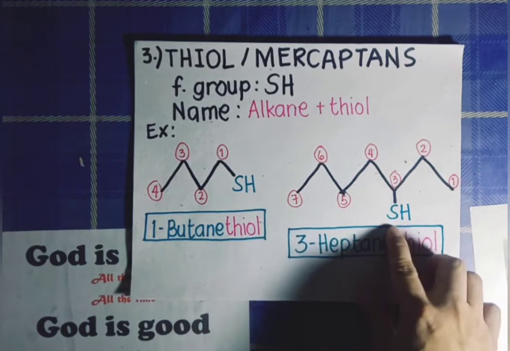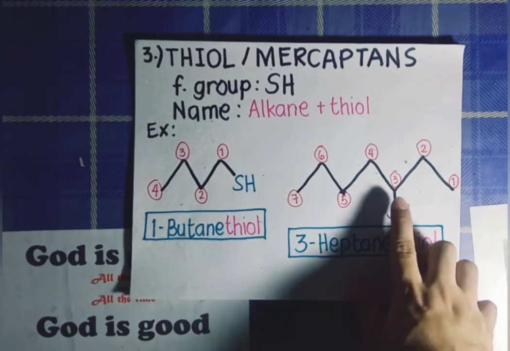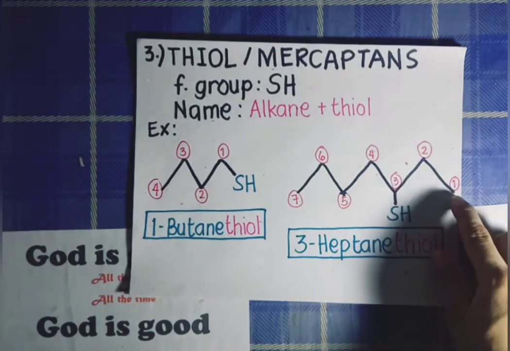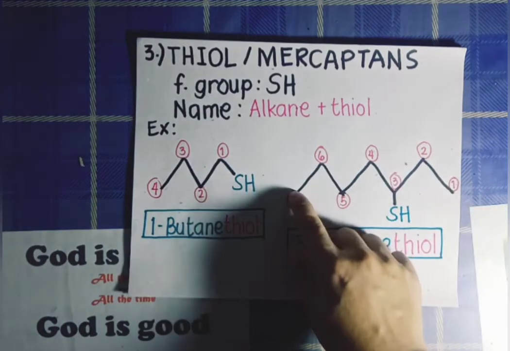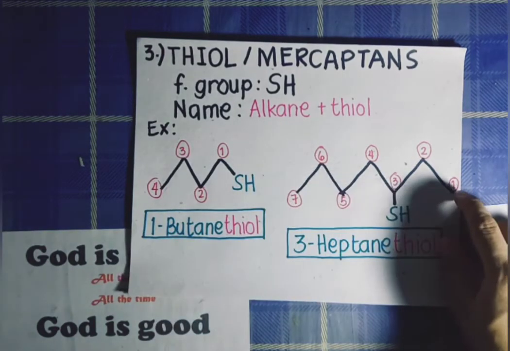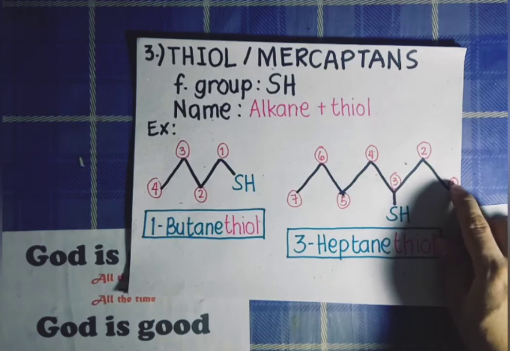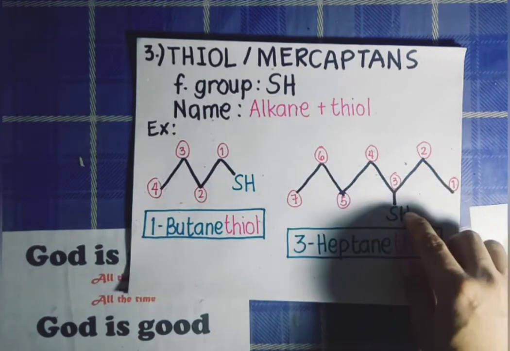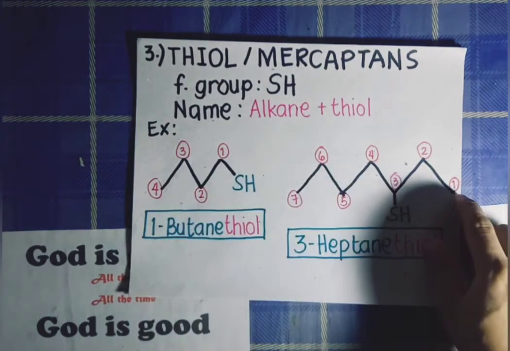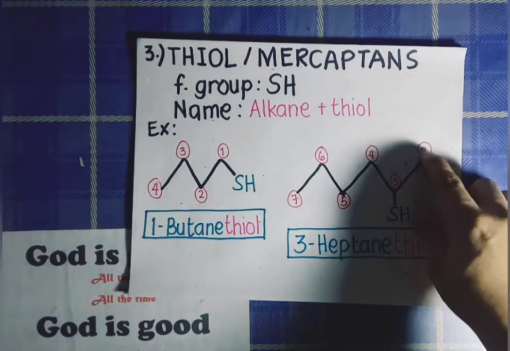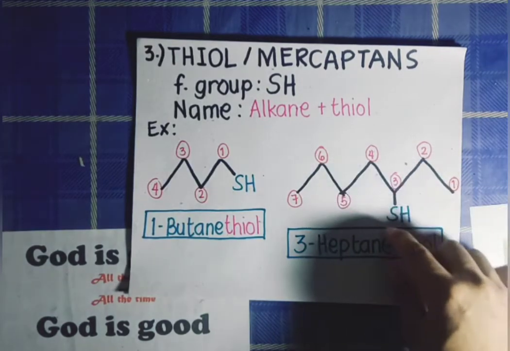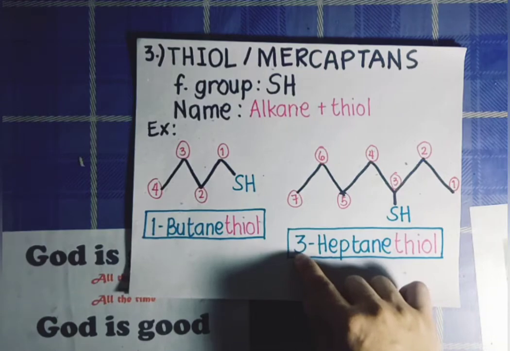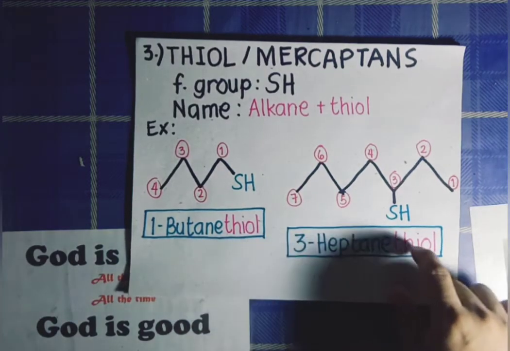Our thiol group here is located at carbon number 3. In this case, our carbon number 1 is this part, not this terminal side, because this terminal side is nearest to our thiol group, not this side. And therefore, this will be our carbon number 1, number 2, and number 3. Our thiol group is located at carbon number 3, therefore its name is 3-heptane thiol.